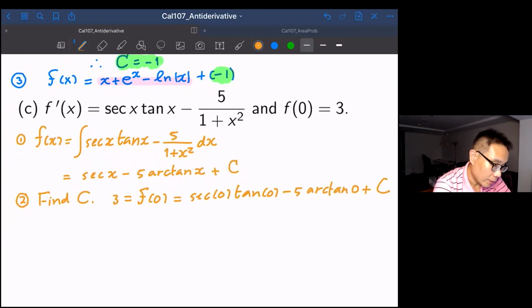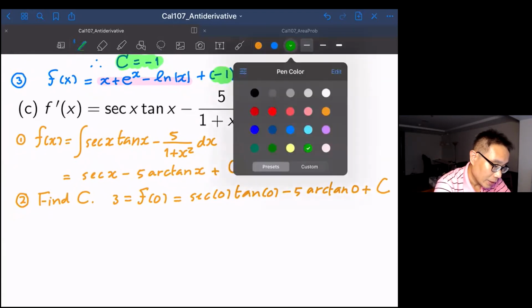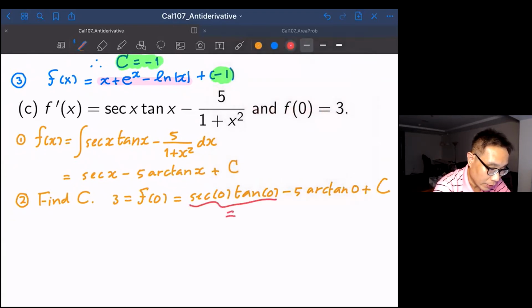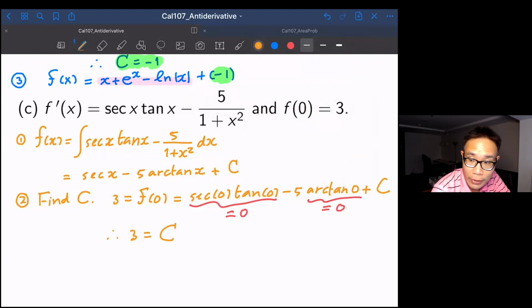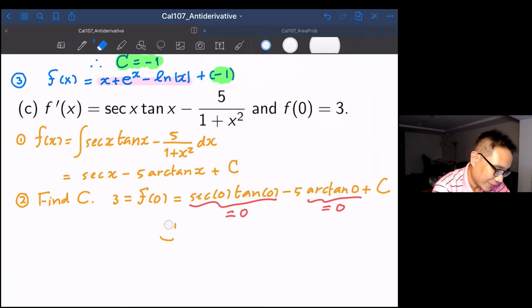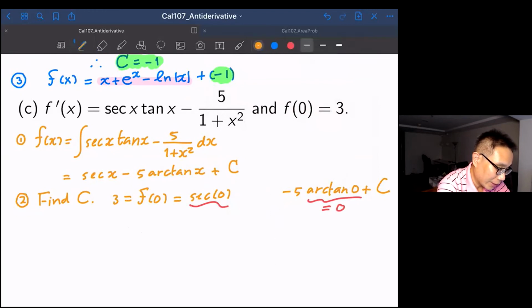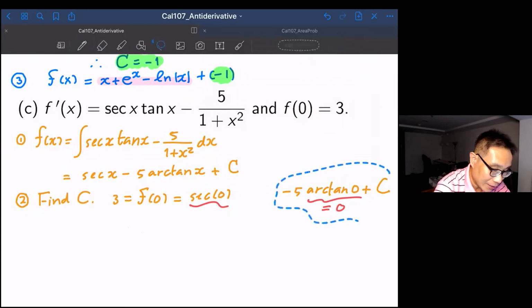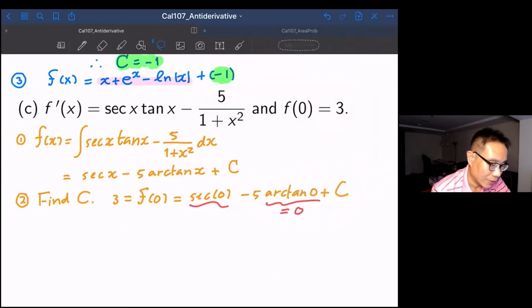Everything disappears: this one equals 0, this one equals 0. Sorry, I wrote secant, it's not correct; I only have sec 0.